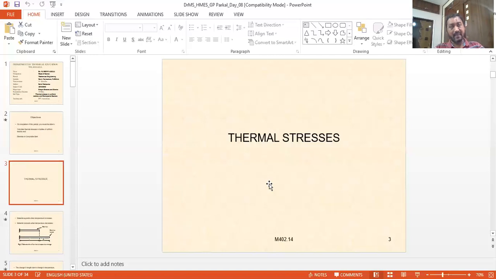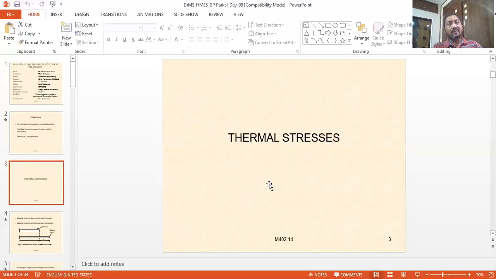So therefore, whenever a body is subjected to an increase in temperature, and the free expansion is avoided, then the compressive stresses will be developed.